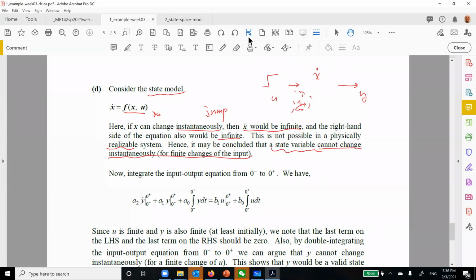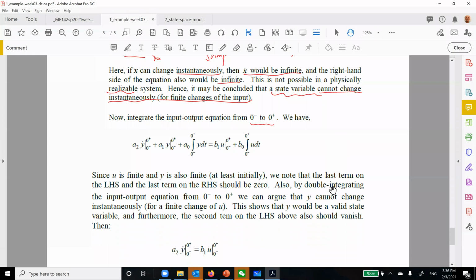So from that perspective, let's study from 0 minus to 0 plus. There's a left-hand side and right-hand side, so we do this integration. This is always finite because your input cannot go to infinity, and also the y cannot go to infinity, even at all times. Otherwise, it will be anti-physics.